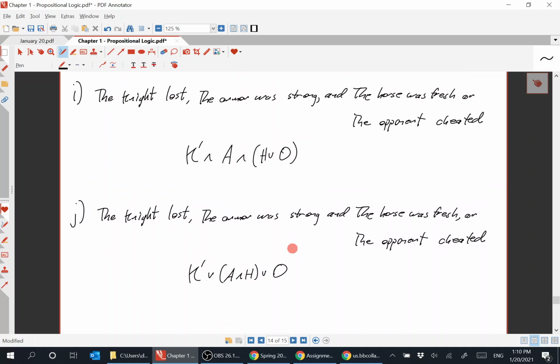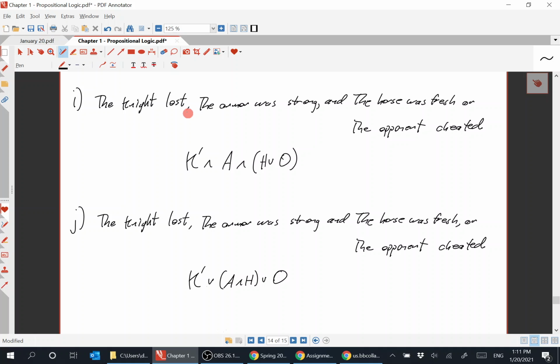So in both sentences, right, the knight lost, comma, the knight lost, comma. So what the connector is here depends on what the final connector is, right?